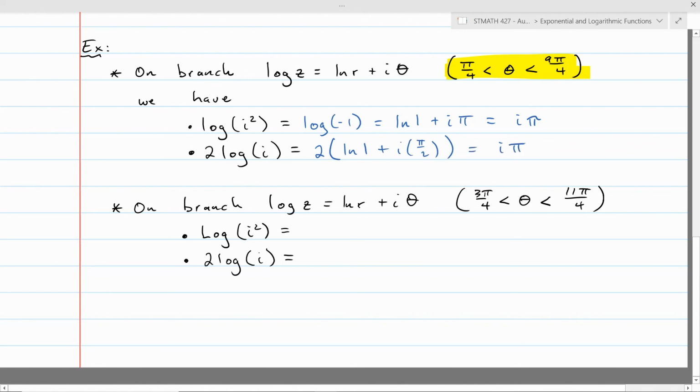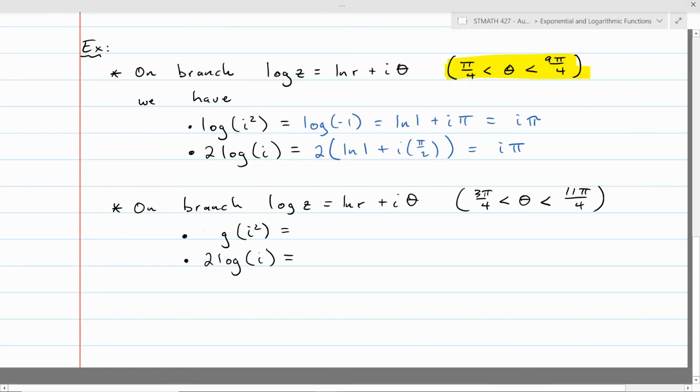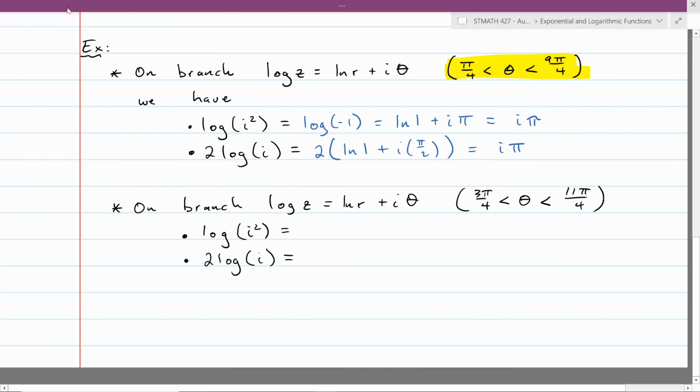So the point here is that it looks like you have the exponent pulling down property going on in this branch. But if I was working on a different branch, the same equation may not be true. So the sort of identities that you have can vary by what branch you're on. So now I'm on this different branch. Let me shade that branch in green.